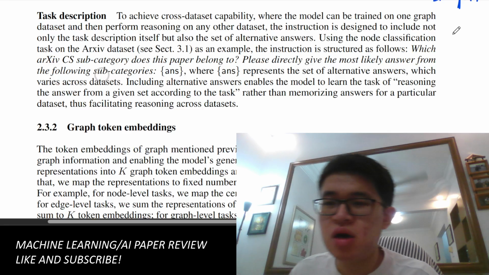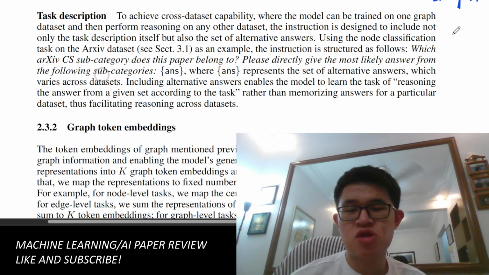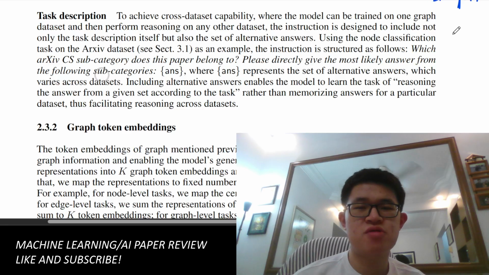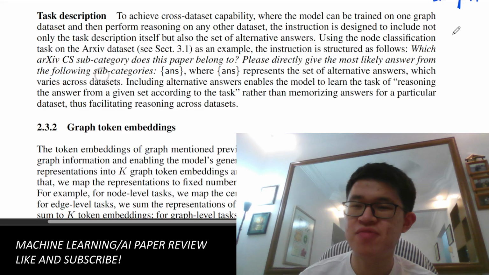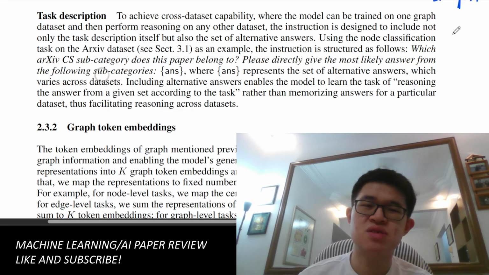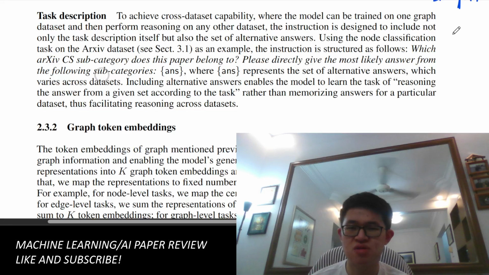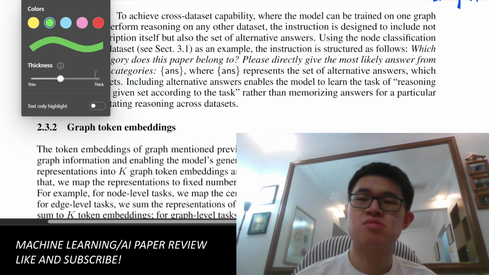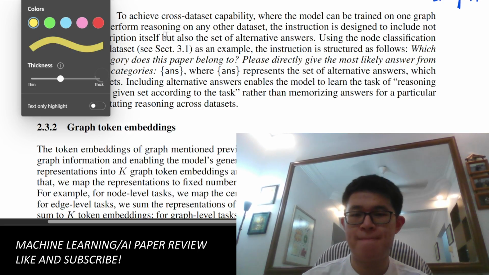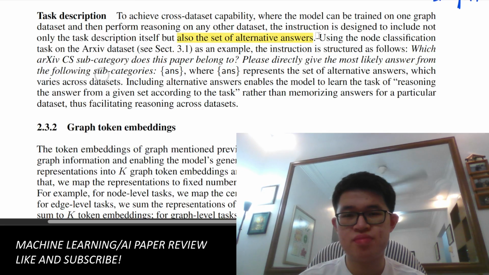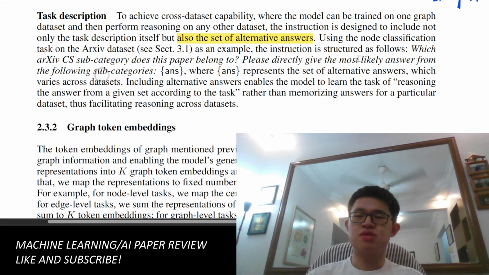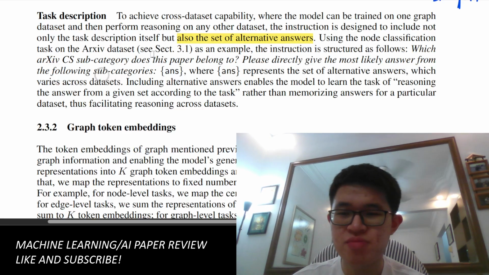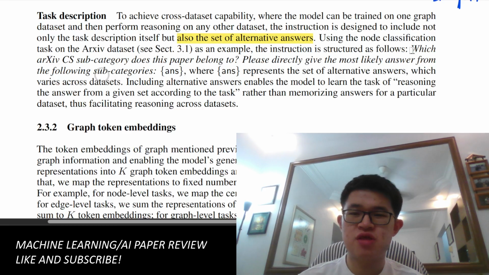Cool. Task description. To achieve cross-dataset capability, where the model can be trained on one graph dataset and then perform reasoning on another dataset, the instruction is designed to include not only the task description itself, but also the set of alternative answers. Using node classification, the prompt is something like this: Which subcategory does this paper belong to?